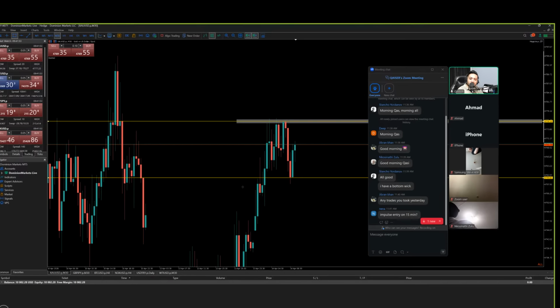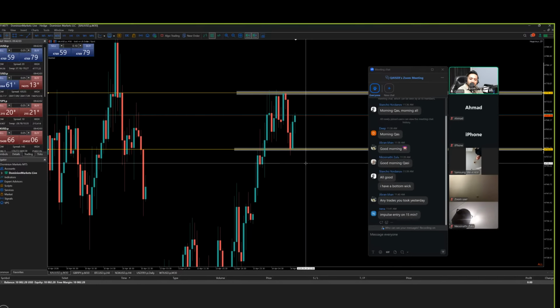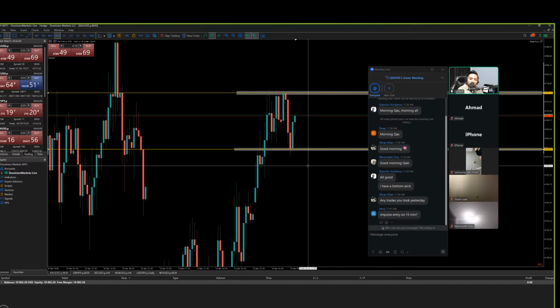At the same time I'm taking this current support area. Even if it breaks below this low, this could be a pretty good range as well.